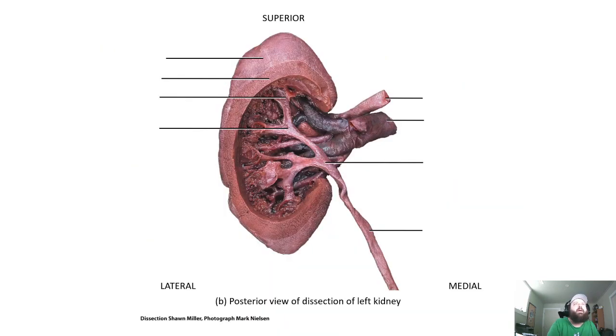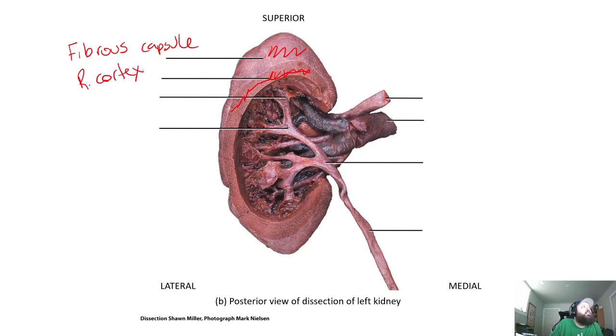So if we go back to this diagram here, we can actually start filling this in. This is the outer layer of the kidney, so this would be the fibrous capsule. Here is the lightly pigmented inner superficial layer of the inside of the kidney, so that's your renal cortex. Here is ambiguous depending on how you define it.